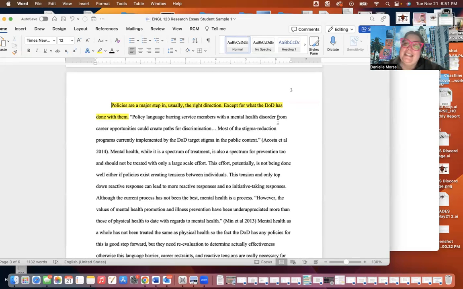Okay, I feel like there's a lot of anger and emotion coming out of this paper, and there shouldn't be. When we write academically, we're oftentimes writing a little bit robotically because we want to present our arguments as objectively as possible.